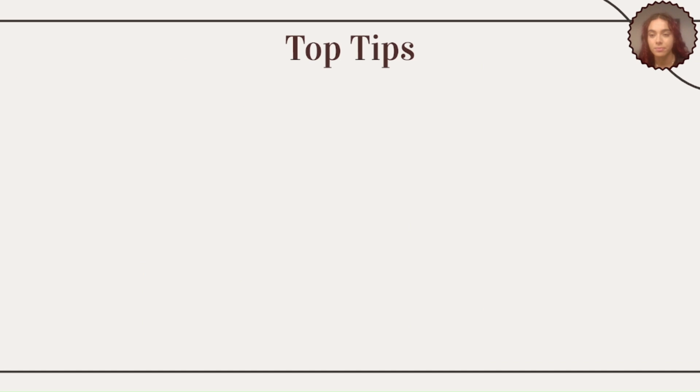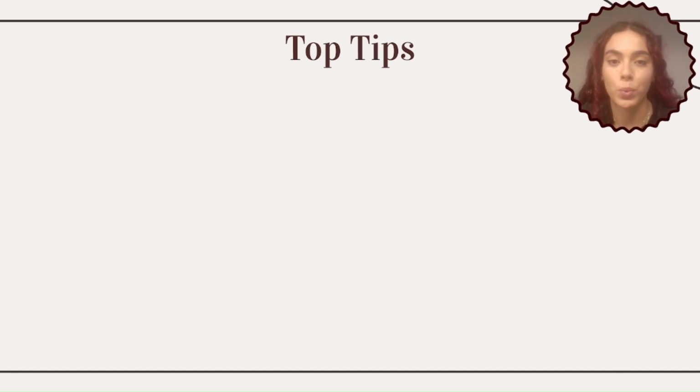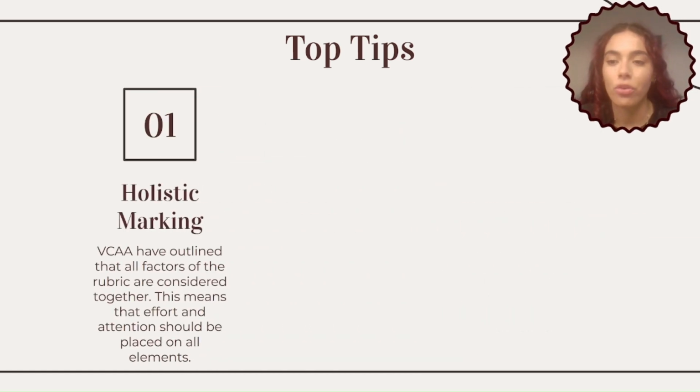I can find it. All right, let's talk about some top tips to do with writing. Okay, so holistic marking. Rubric, sorry, is what I was trying to say. Holistic marking. VCAA have said a lot of times they consider all the factors of the rubric when deciding on your mark. So it's not quite so, okay, well, they've got a little bit in the 7, they've got a little bit in this 8, and this and this and this.